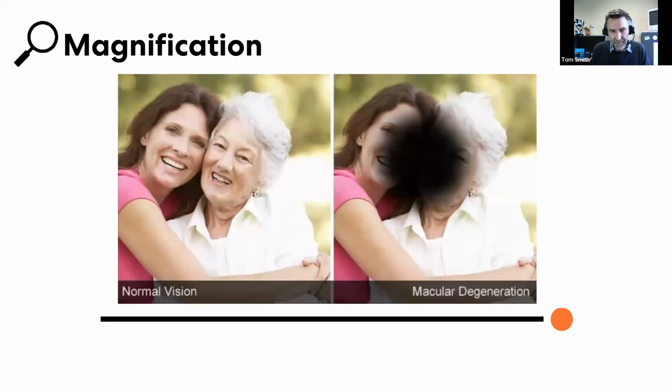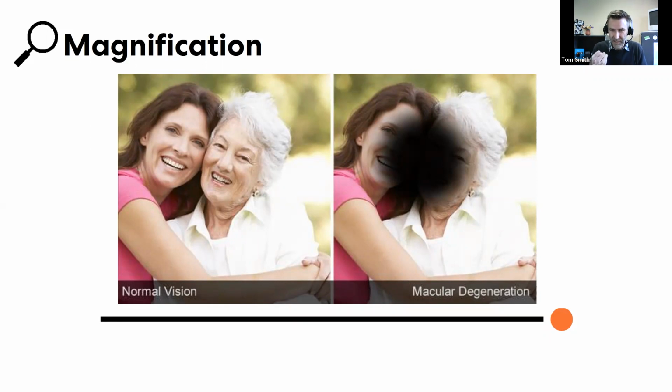Probably the most common form of vision loss in New Zealand is macular degeneration. I've got two photos here. On the left is two women giving each other a hug, which represents normal vision. And on the right, there's macular degeneration. What macular degeneration does is it deteriorates your central vision, so it can be black.